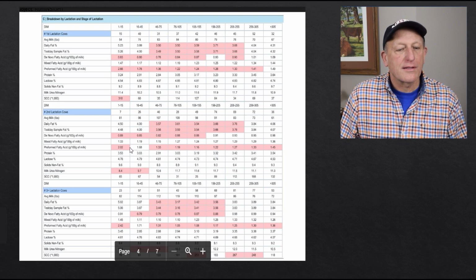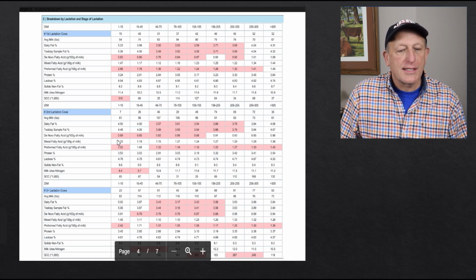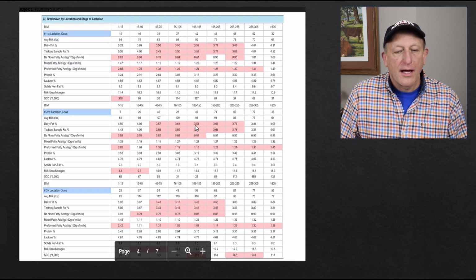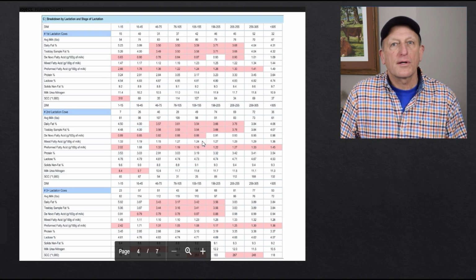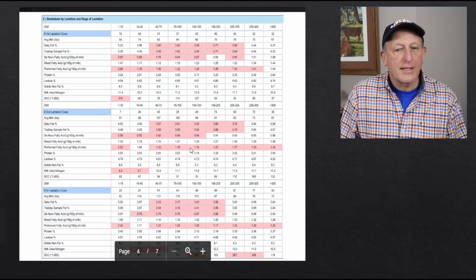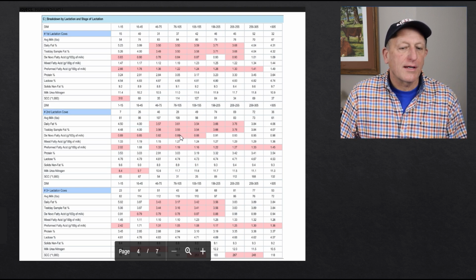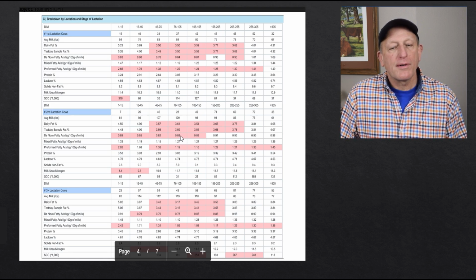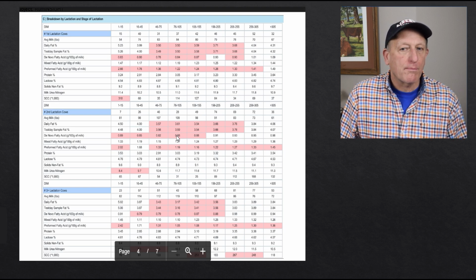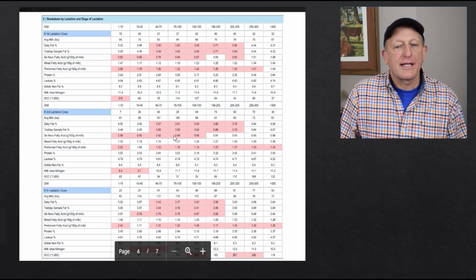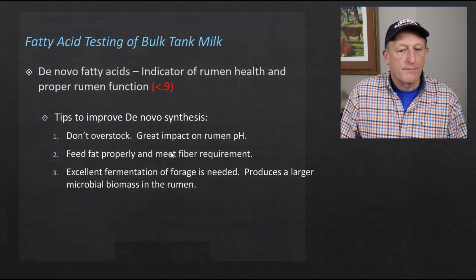I usually look at the de novos for the cows, second and third lactation, and as you can see, the second lactation up to 155 days in milk were an issue in August. They also have de novo fatty acids by pens. They add them up with previous test pens, and so there's really good information to look at how you are doing with de novos in your herd.